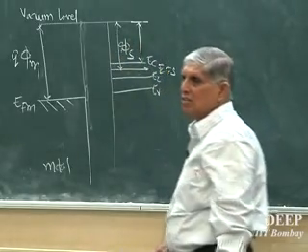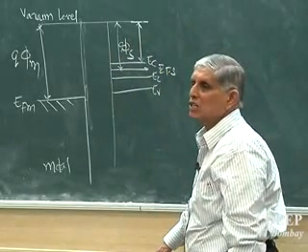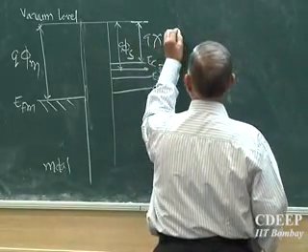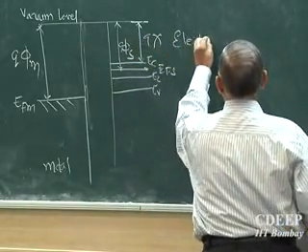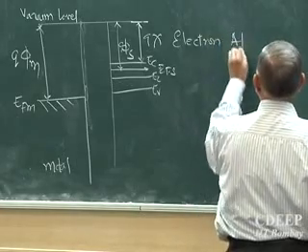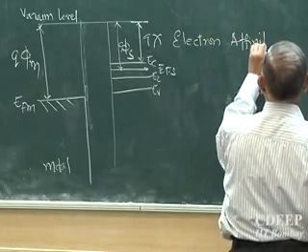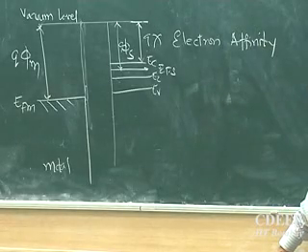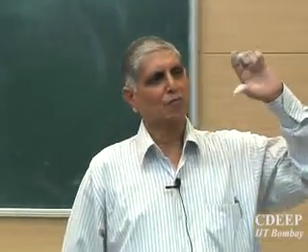It's called electron affinity, q chi. Chi is taken from the conduction band, above which electrons are anyway available, to the vacuum level. This is the energy which is binding the electron to the crystal.